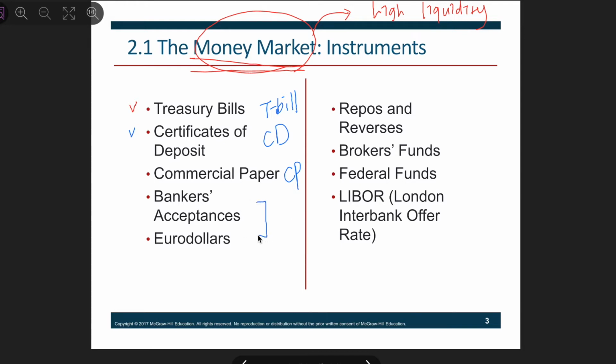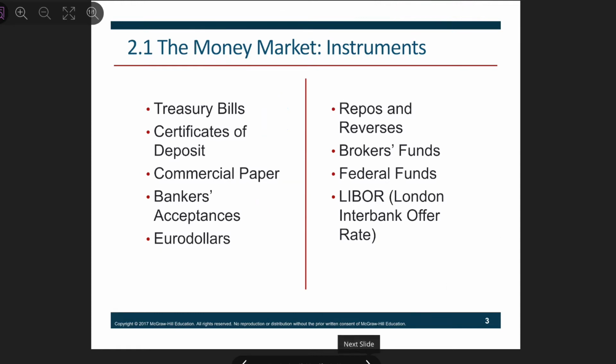For these, I'm going to keep it short because we're not using these a lot. We're going to talk about these 3 mainly, and we have repos and reverse repos, brokers funds, federal funds, and LIBOR.